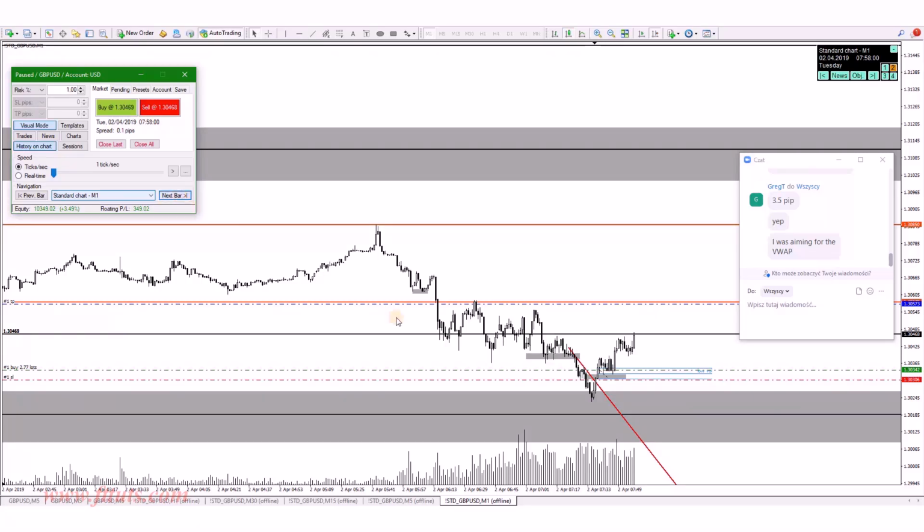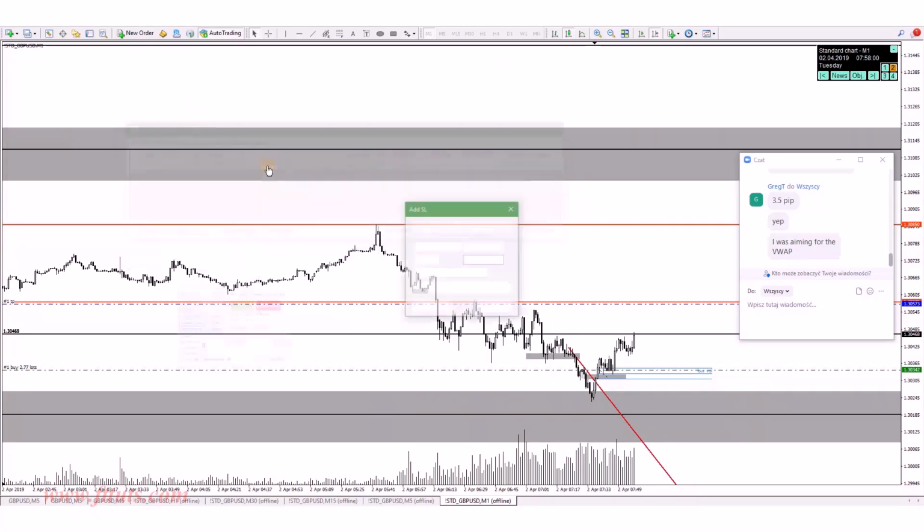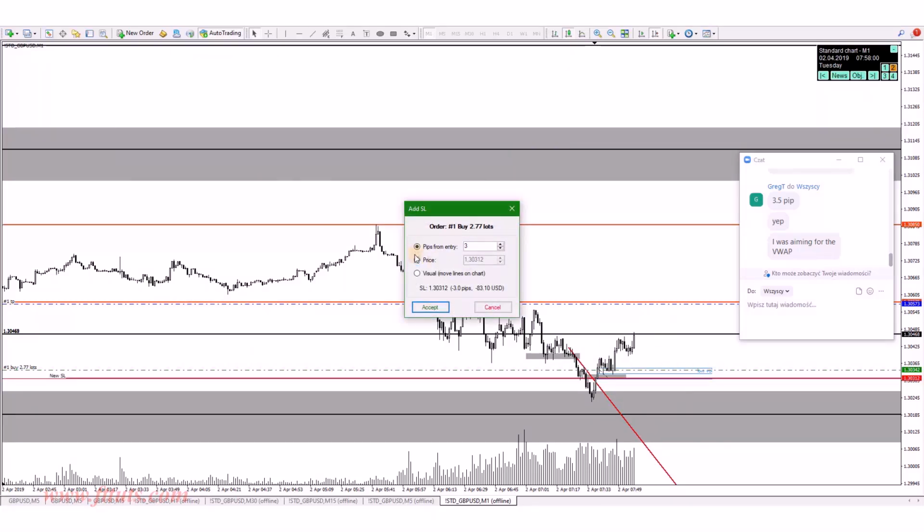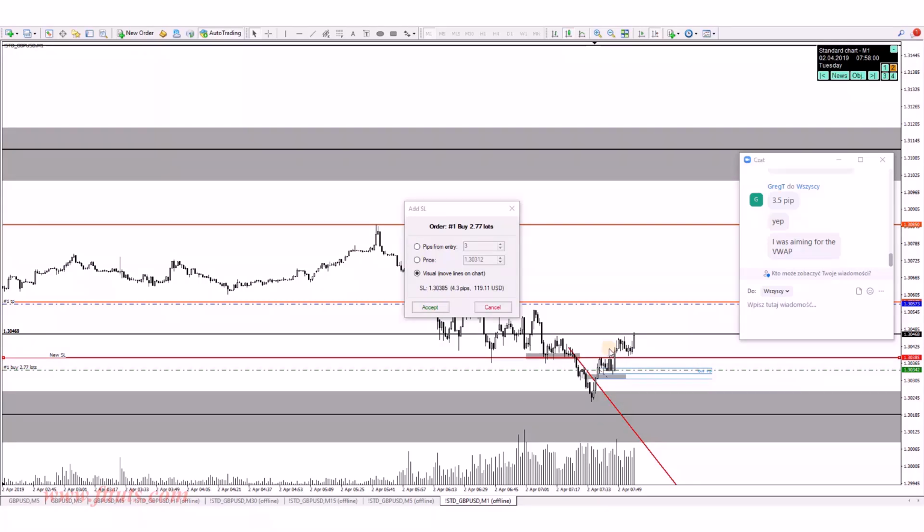Maybe now. Yes, we are breaking the previous highs. So as I really don't feel very good with this position, I'm moving my stop loss. I'm moving my stop loss here below this range, just to be 1 to the 1, over 1 to the 1 and plus.